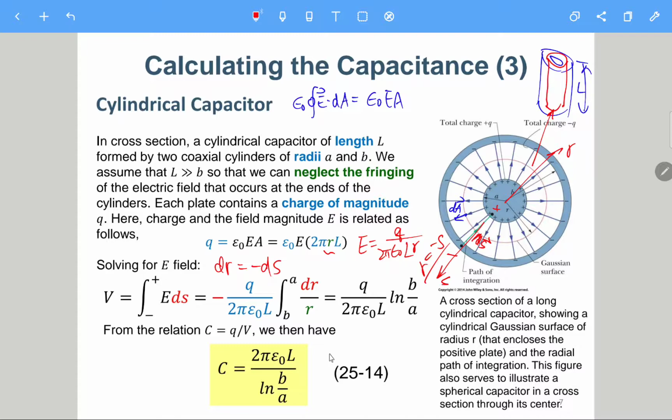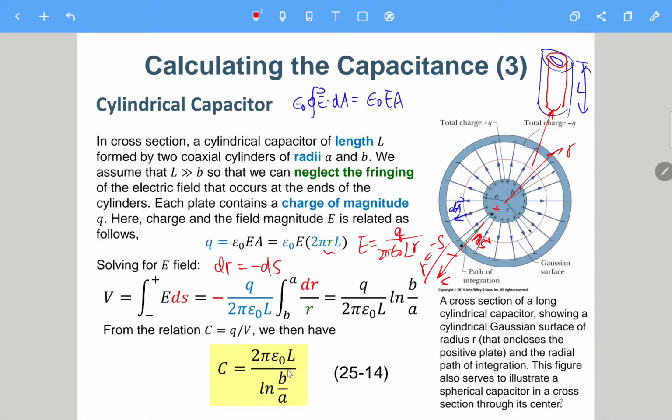And finally, we also have C equals Q over V. So Q and Q cancel, and we have 2 pi epsilon naught L over natural log of b over a. So this is the capacitance for a cylindrical capacitor, by simply applying Gauss's law.